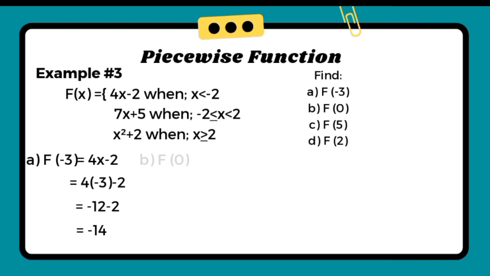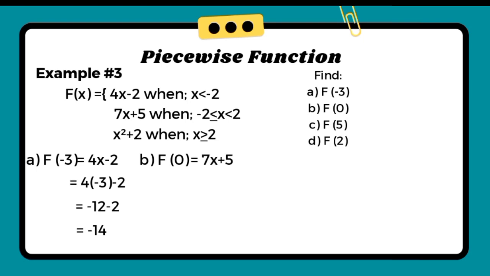And next naman po, letter B is f of 0. So, saan po siya nabibilang? Nabibilang po siya dun sa ating restriction or dun sa ating given, dun po sa negative 2 less than or equal to x less than 2. Kasi nakita natin mas less than nga siya sa 2. Kaya yun po yung pipiliin natin dito. So, 7x plus 5.